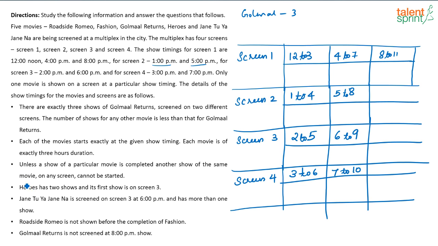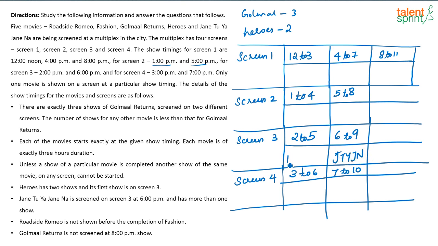Then, Heroes has two shows and the first show is on screen 3. Next, the statement says Jaane Tu Ya Jaane Na is on screen 3 at 6 p.m., so that is 6 to 9.